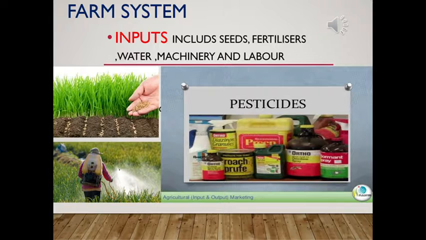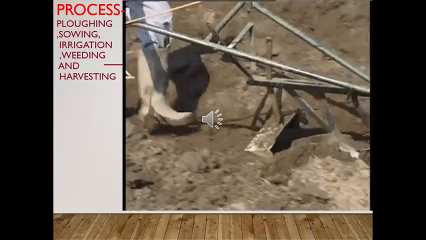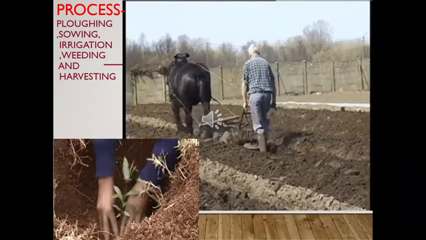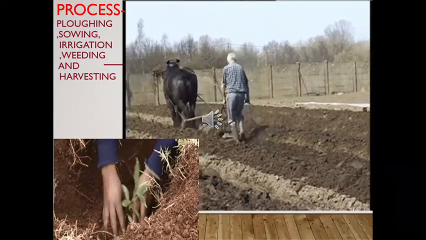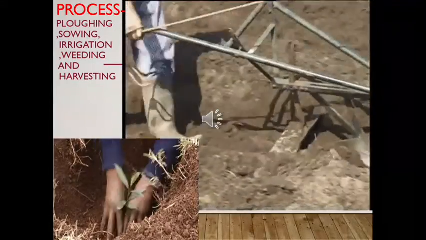The important inputs are seeds, fertilizers, machinery and labor. Then you have processes. Processes means what we do with inputs. How do we use them?